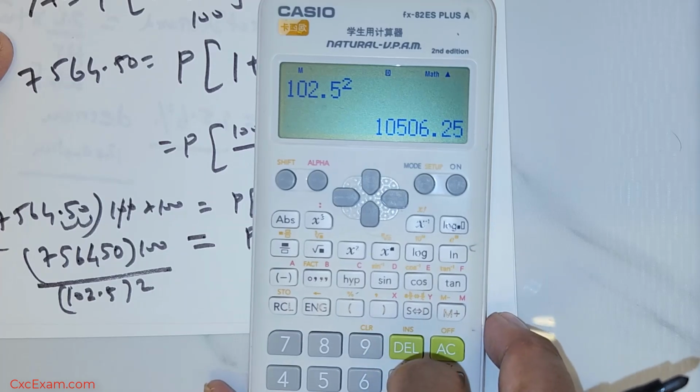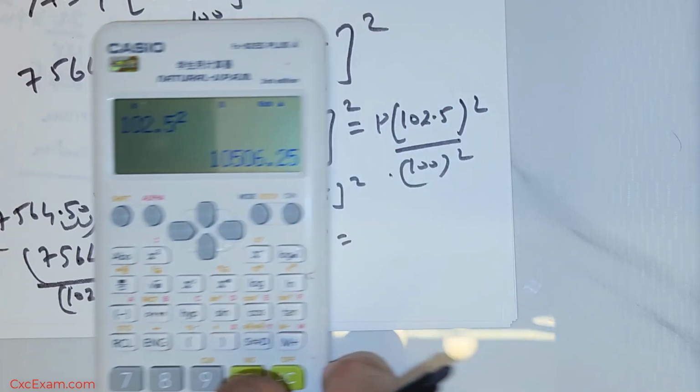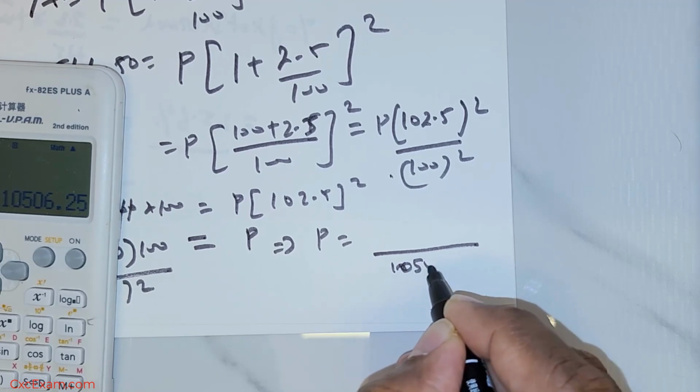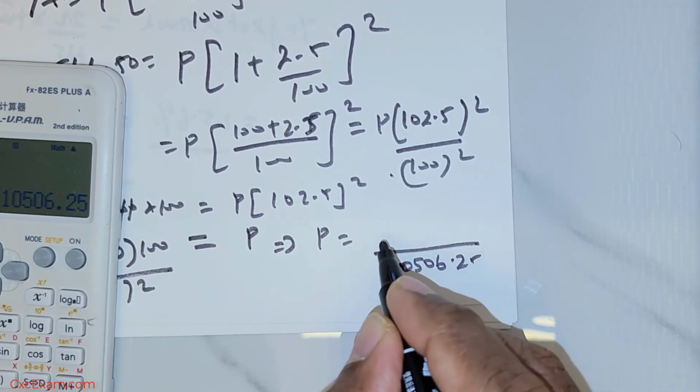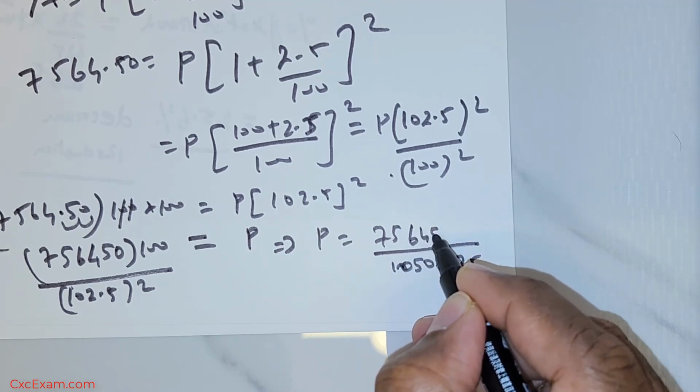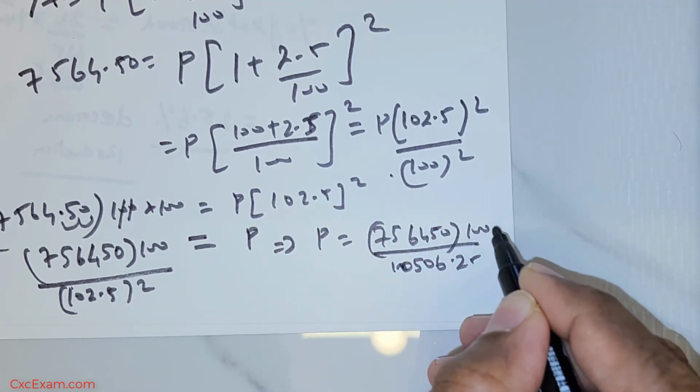So that is giving me 10506.25, and the numerator has got 756450 multiplied with 100.